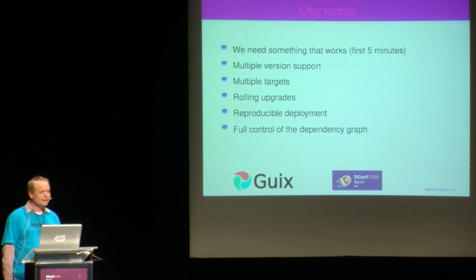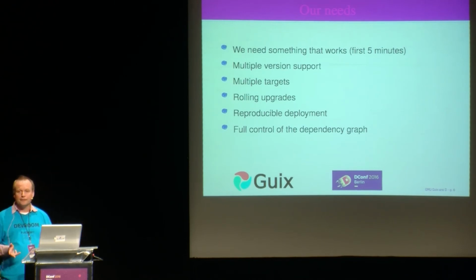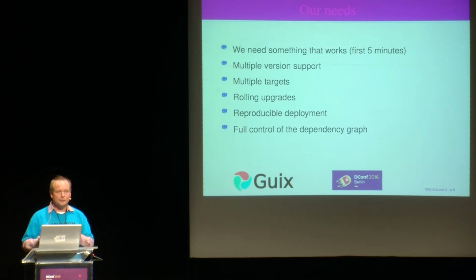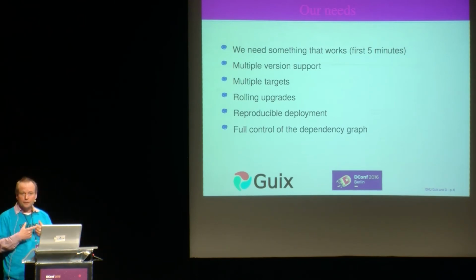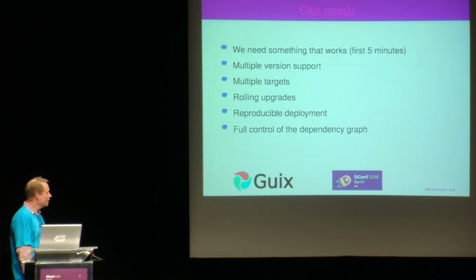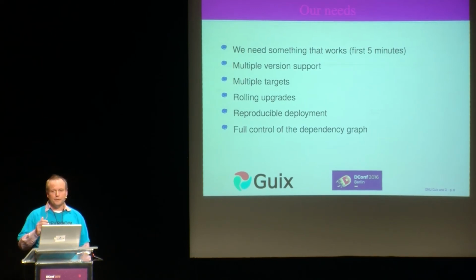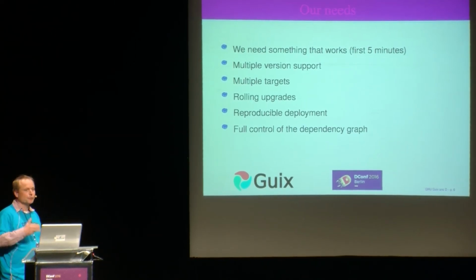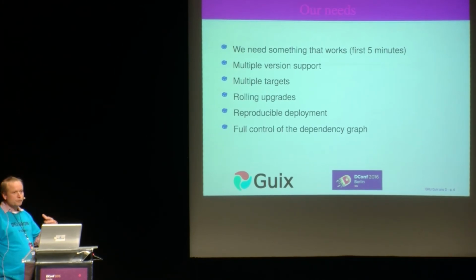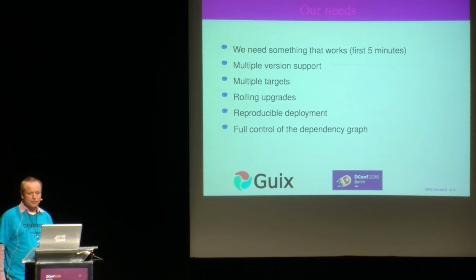When I write some software and somebody reports a bug to me, I want him or her to have the exact stack of software running to reproduce the bug. Is it my code or is it something else? I don't know very often. Also, as a scientist, software deployment is where reproducible research or reproducible analysis starts. And ultimately, we want full control of that dependency graph.